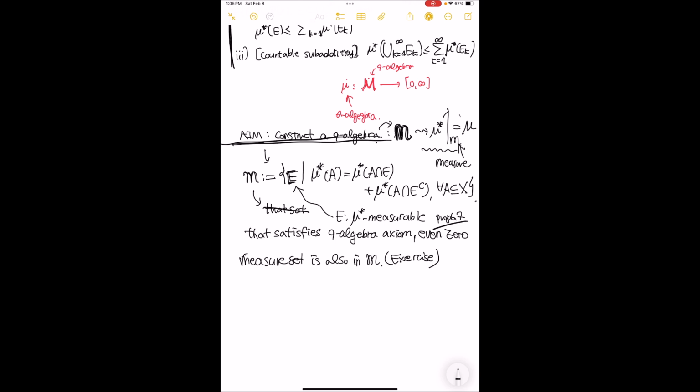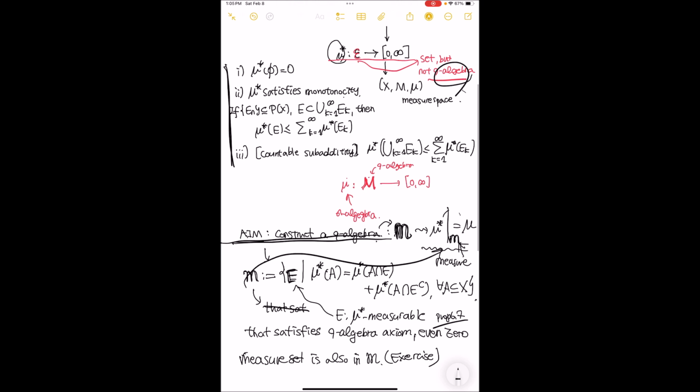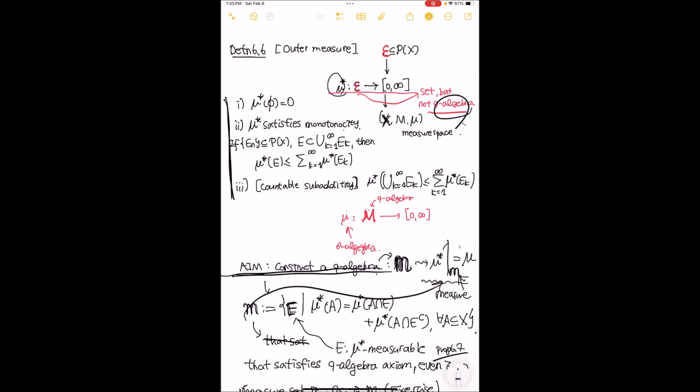By restricting to mu star measurable sets, we can construct a measure. Ultimately, if a set X is given, we can finally construct a measure by restricting the outer measure to M, defined by mu star measurable.